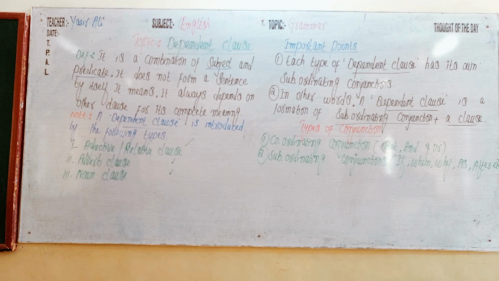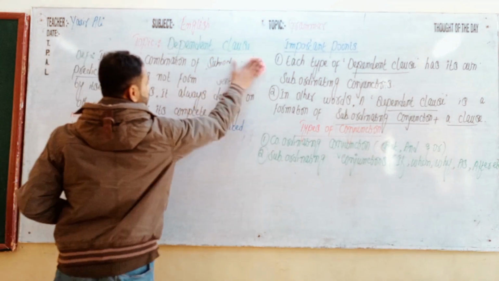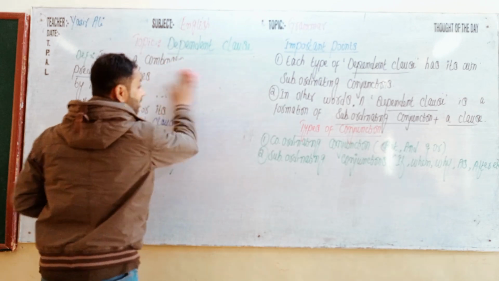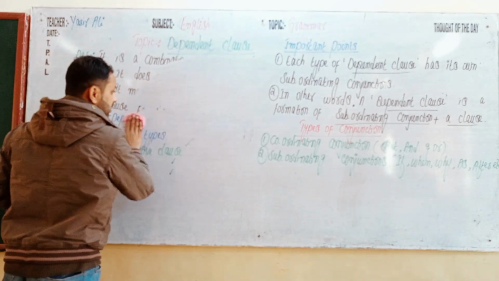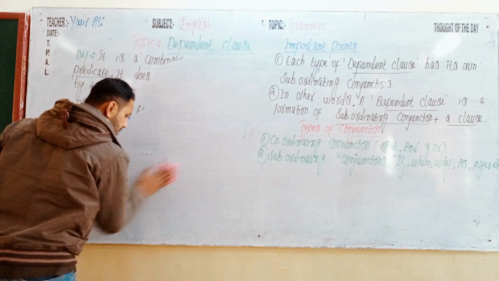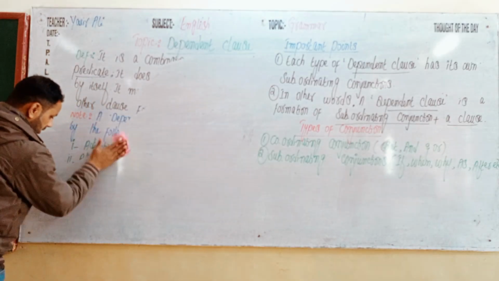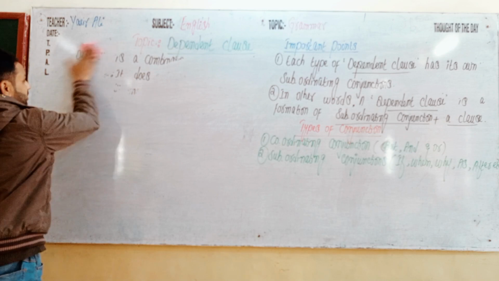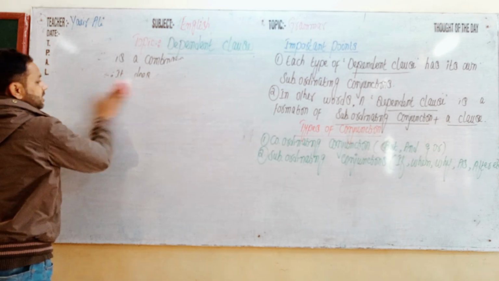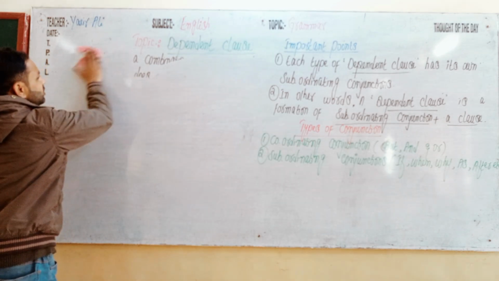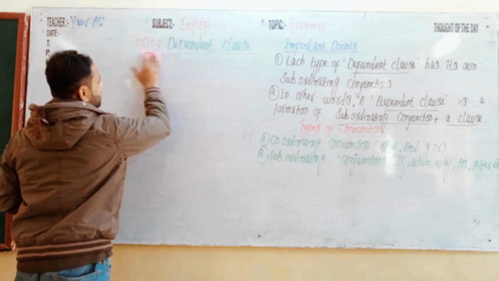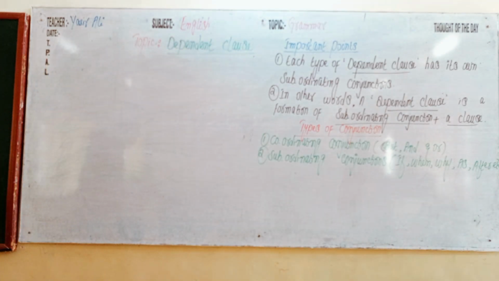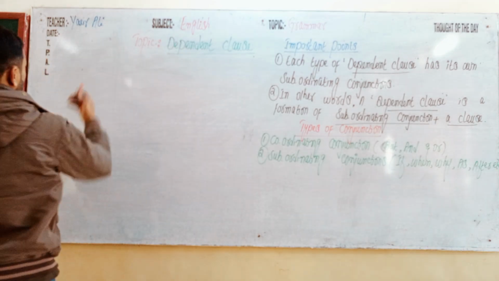I will give a brief introduction of these conjunctions, because knowing conjunctions is really very important. If you do not know something about these conjunctions, it will be a bit difficult for you.